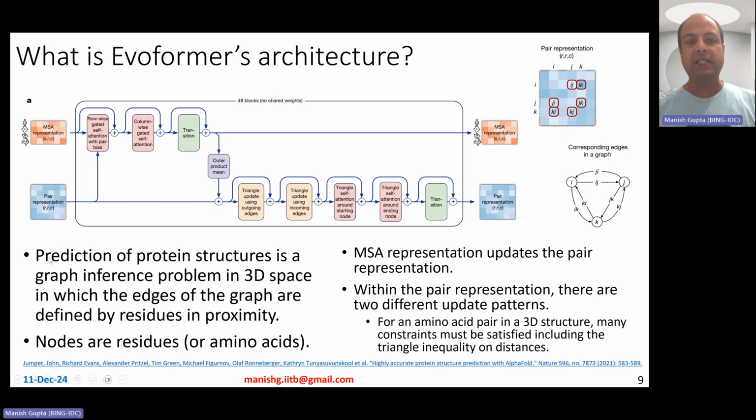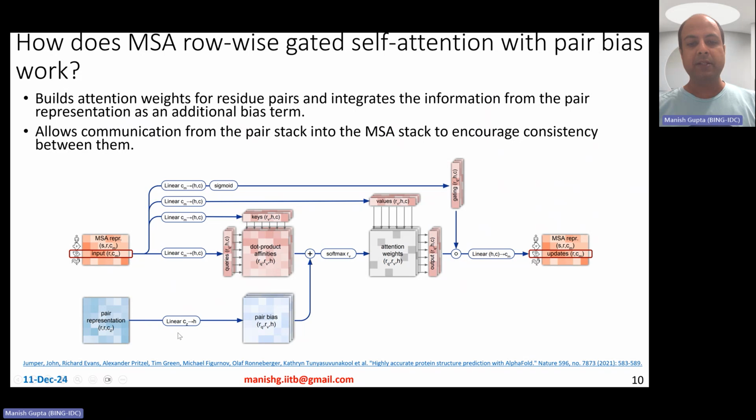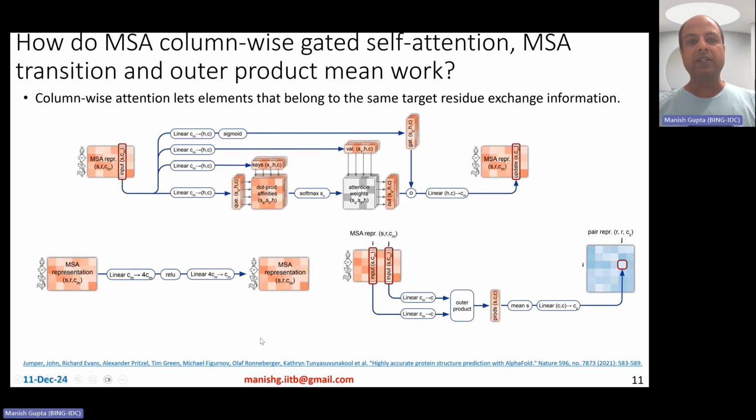We also talked about the detailed evoformer architecture. Essentially, it is a two-tower architecture, one to process the MSA representations, the other to process pair representations. We discussed details about how each of these blocks work. We first looked at the row-wise gated self-attention with pair bias. We also looked at the column-wise gated self-attention, and then the transition block.